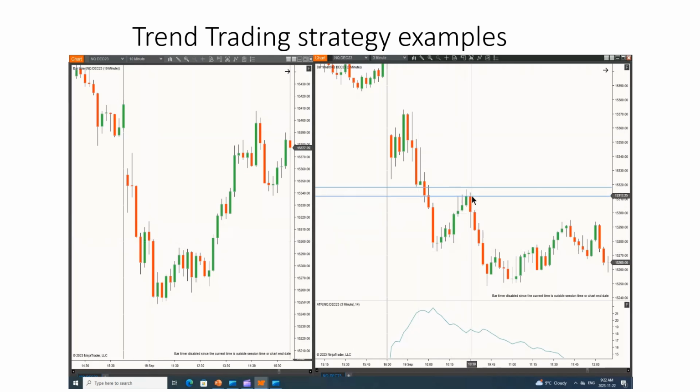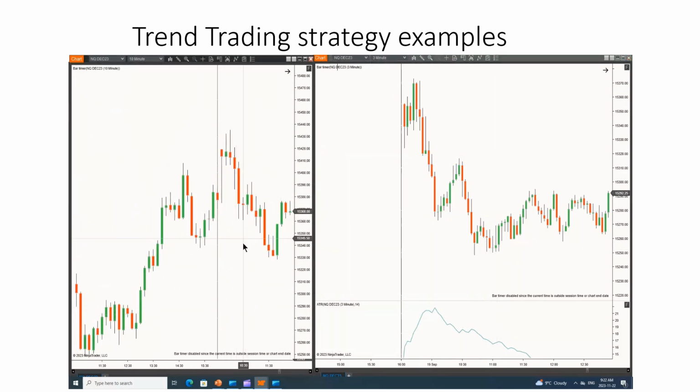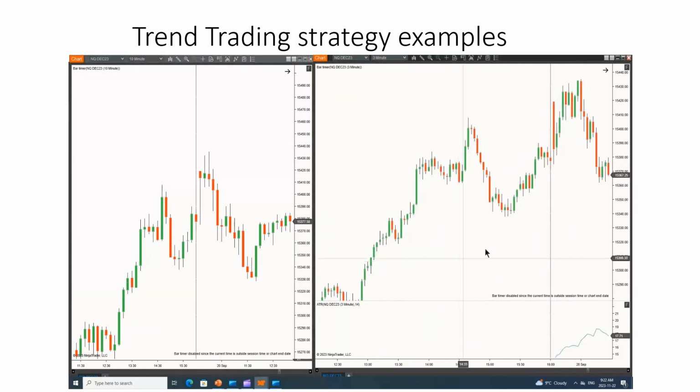So we would have gone short here and sold more on a full body bar. Market going, we would have added to our winner. So that's a very nice example. Okay, let's move on to this day.